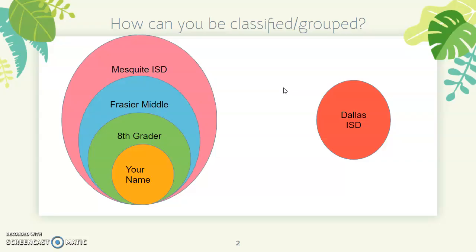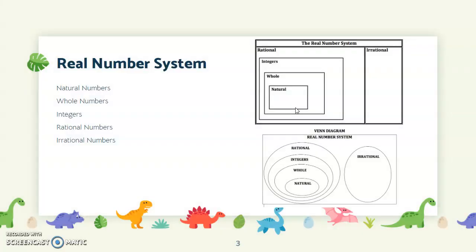Today we're going to be classifying numbers, and we're going to be using a visual just like these that we just saw. We're going to classify numbers in the real number system. All numbers are real for us in 8th grade mathematics, but we group them based on what they have in common, such as rational numbers, integers, whole numbers, natural numbers, and then irrational numbers.